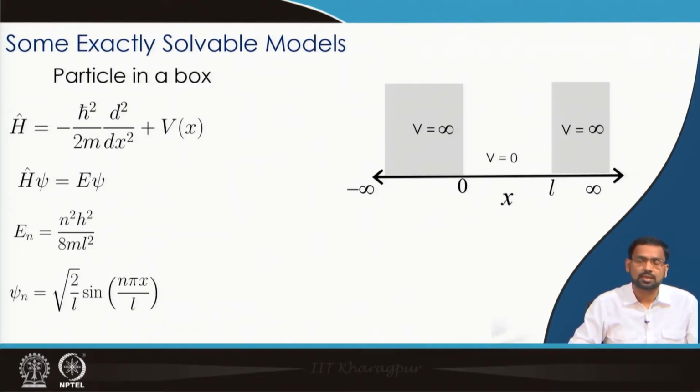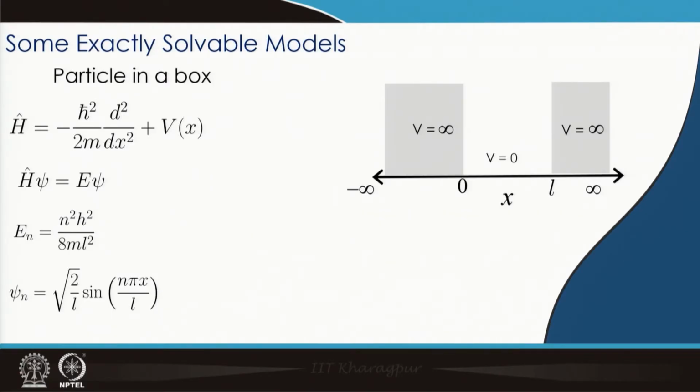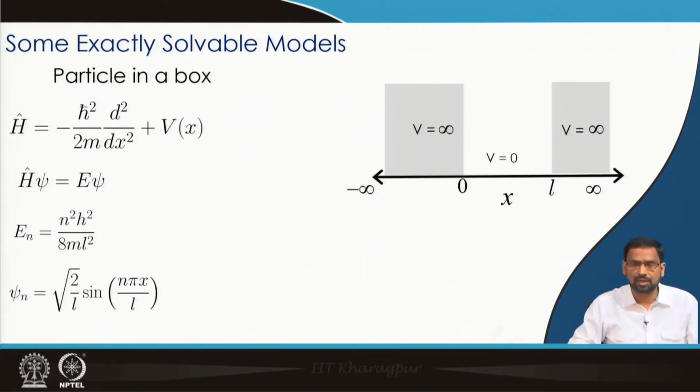You can imagine it by considering the electron confined to the nuclear environment. So, it is essentially behaving like a particle in a box, where the box is the molecular environment and the particle is an electron.